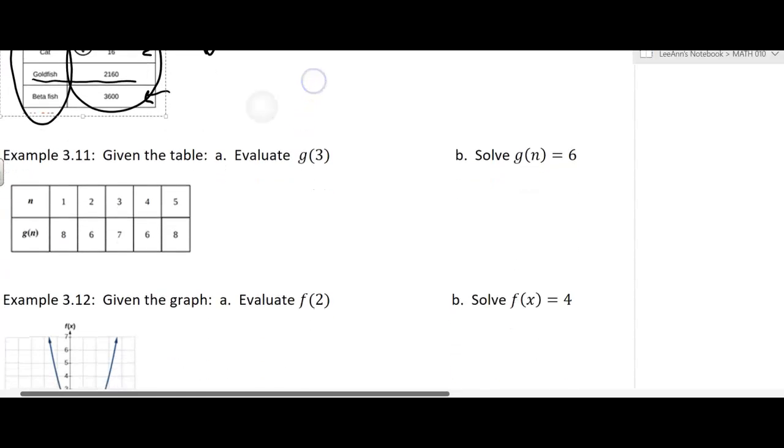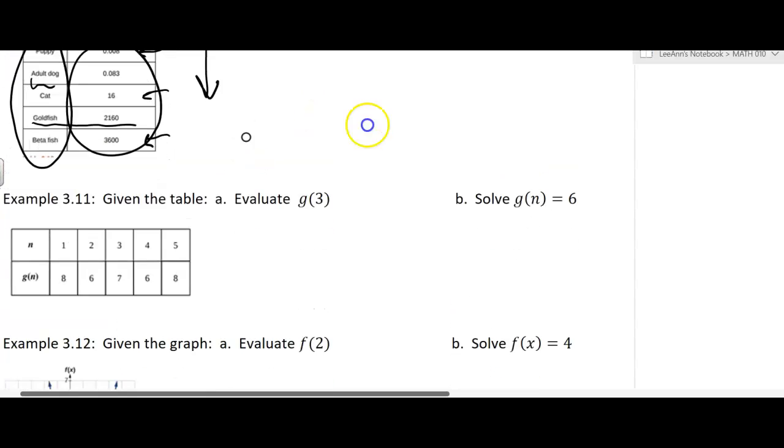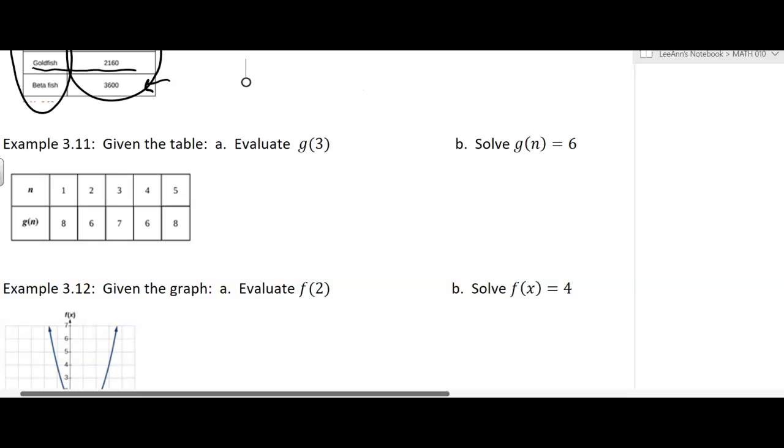Now we want to put that together with our notation. In this example, 3.1, we've got a horizontal table. So it says evaluate G of 3. n is the input, and then this is the output, G of n. We know that from our function notation.